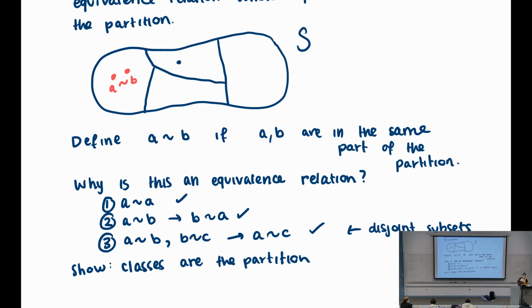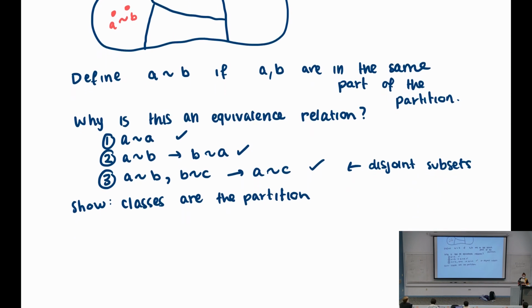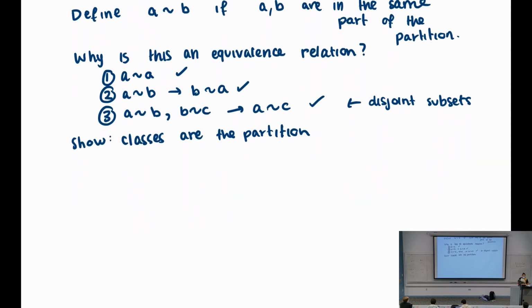Right, because if you had B and C over here, then A and C would not be related, but this situation can't happen because B can only be in one part of the partition. Okay, and then why are the equivalence classes equal to the partition?